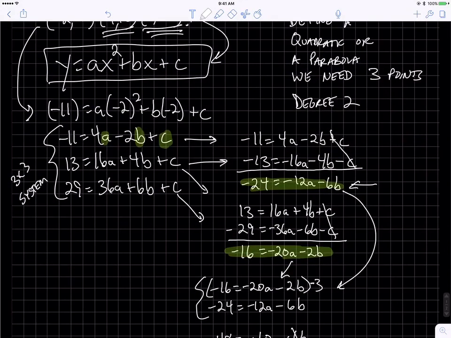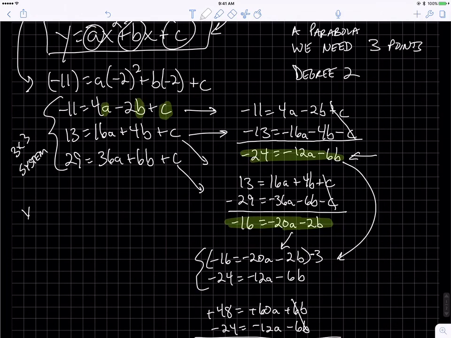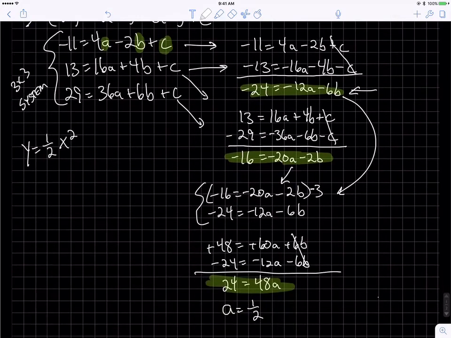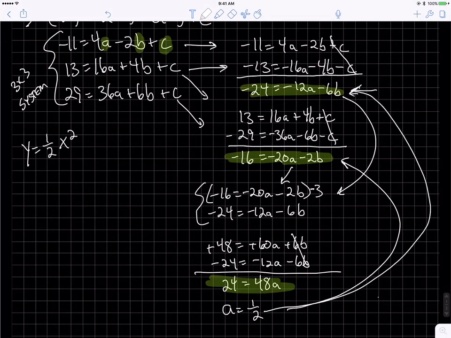So now I can start filling in my a, my b, and my c up here. My final answer will be here: y equals 1/2, because that was a, x squared. Now I need b and c. So I take my a is 1/2 and I plug it in for a into my second set of equations, either here or here. Either one will work. I plug that in for a and solve for b.